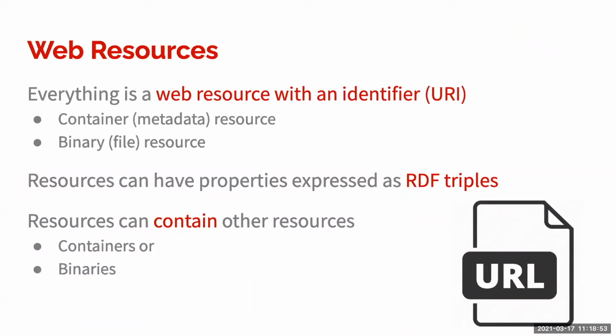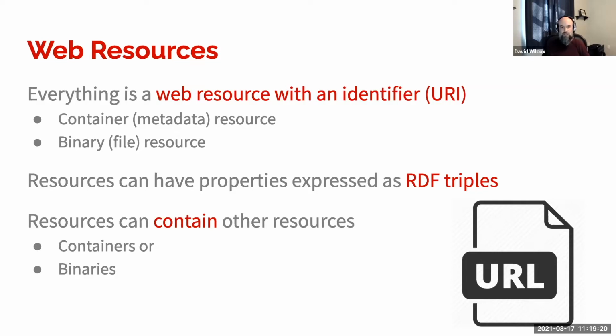So again, at a very high level here, talking about the fundamental concepts that Fedora provides. Everything in the repository is a resource, and specifically a web resource, so it gets a unique identifier. And really, even though you can create lots of complex structures in Fedora, there are only two types of things in the repository: container resources and binary resources.